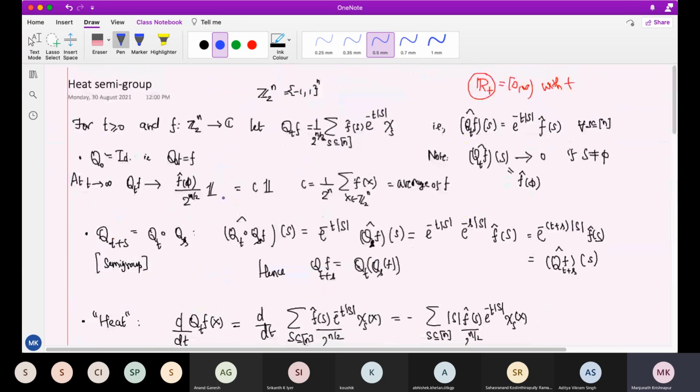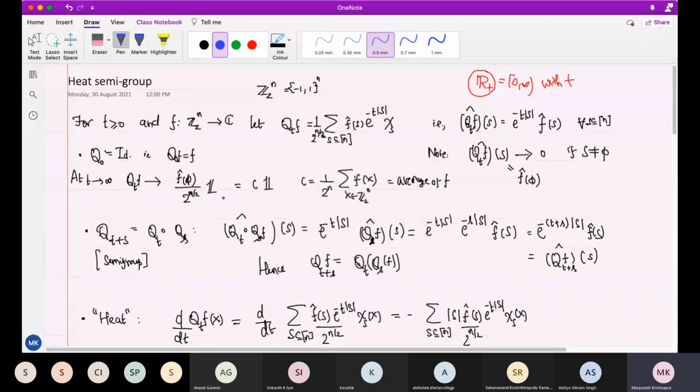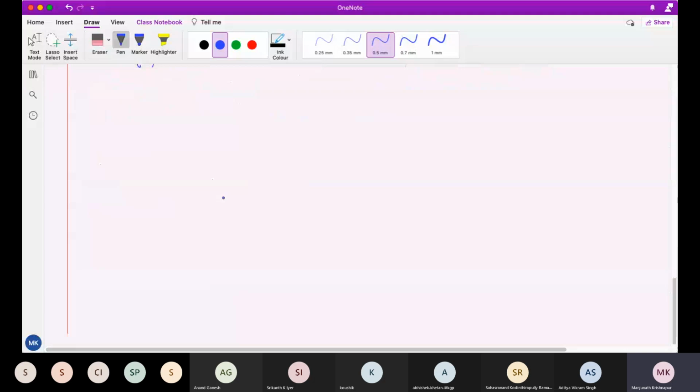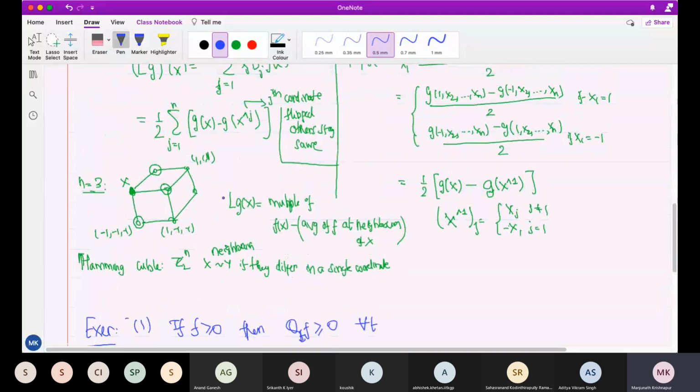One of the things I remarked on earlier is that one reason why the Fourier transform is very useful is that properties of the function and properties of the Fourier transform differ: some things that are not obvious about a function become obvious when you go to the Fourier side.